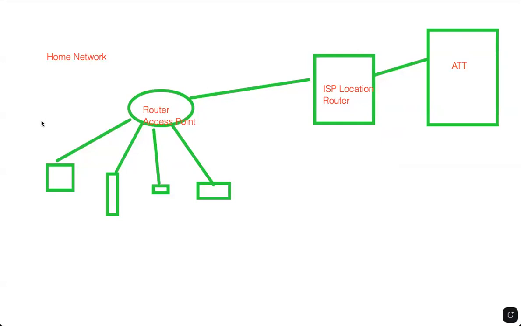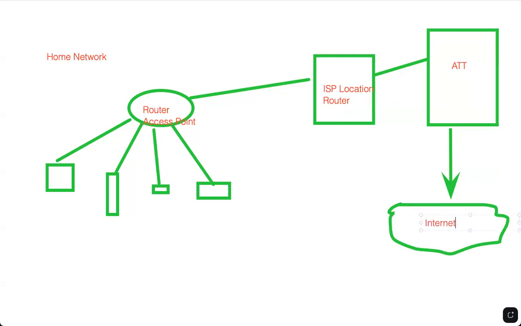Basically, from here it's all open internet. The internet is nothing but a collection of service providers, right? The collection of AT&T, Verizon, Cogent, Level 3, all of these service providers, are combinedly called the internet.